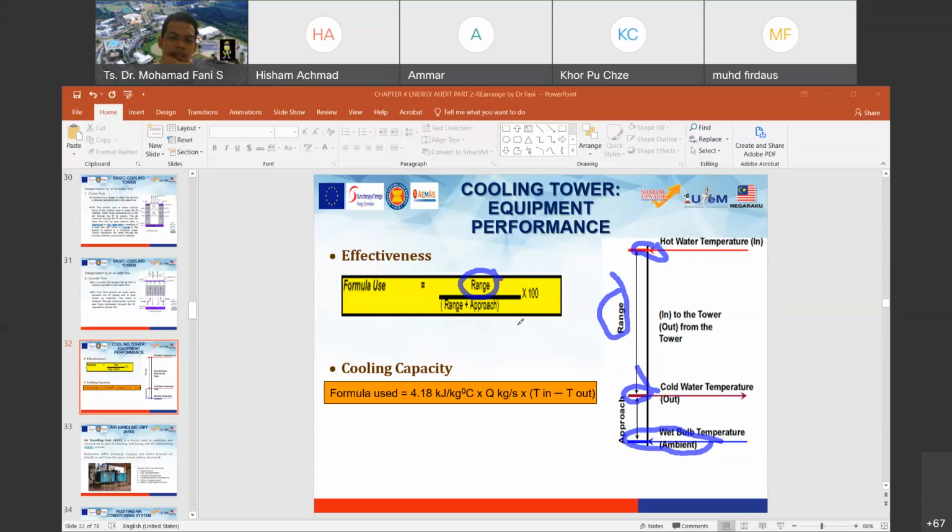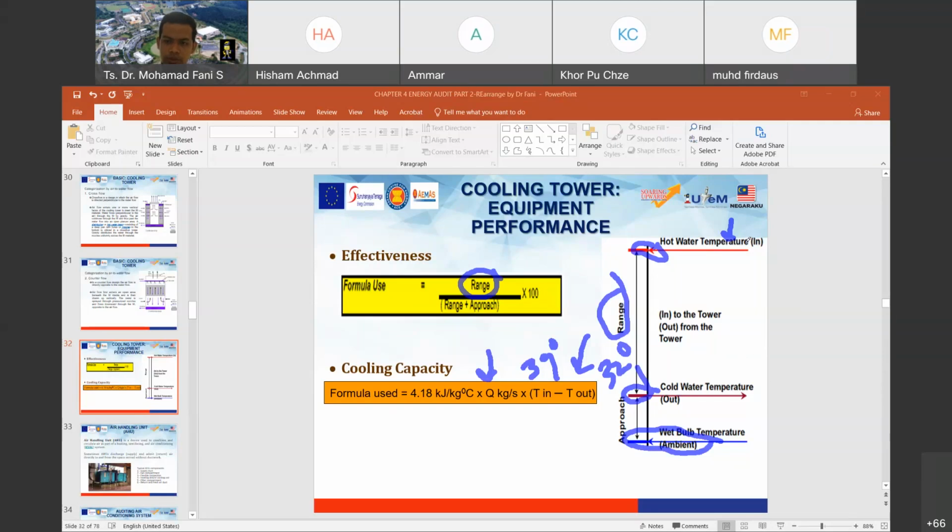And also, like a chiller, we can use this formula again to calculate the cooling capacity for the cooling tower. You can use either the hot water flow or the cool water flow, and T in and T out, the temperature into the cooling tower, which is about 39, let's consider 39, and out about 32.